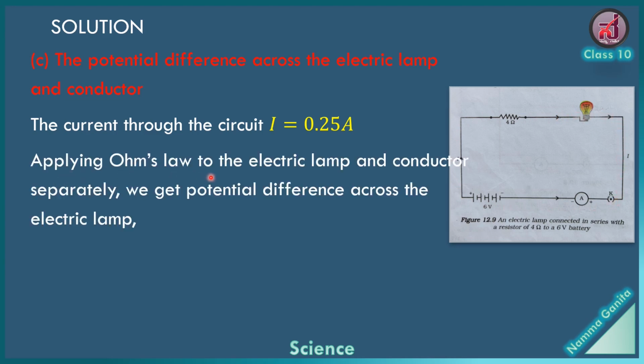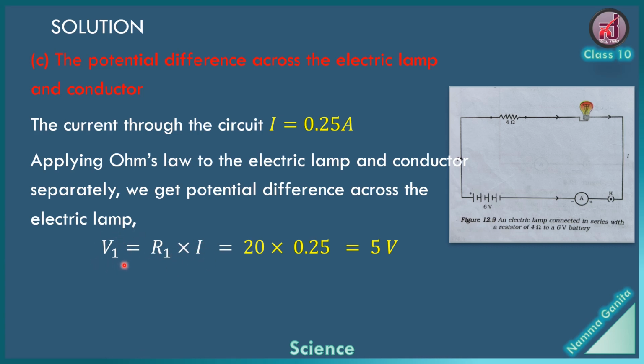Applying Ohm's law to the electric lamp and conductor separately, we get potential difference across the electric lamp, V1 is equal to R1 into I, according to Ohm's law, V is equal to Ri.